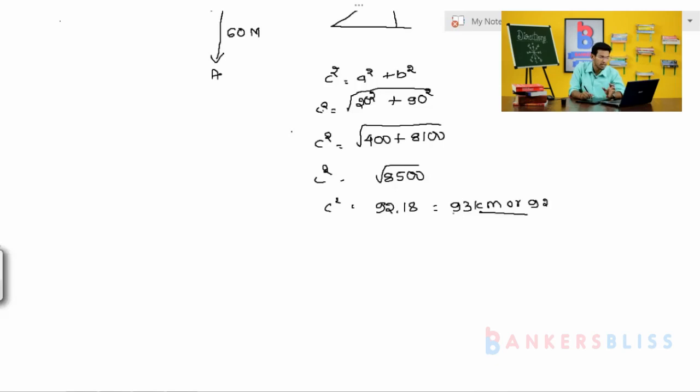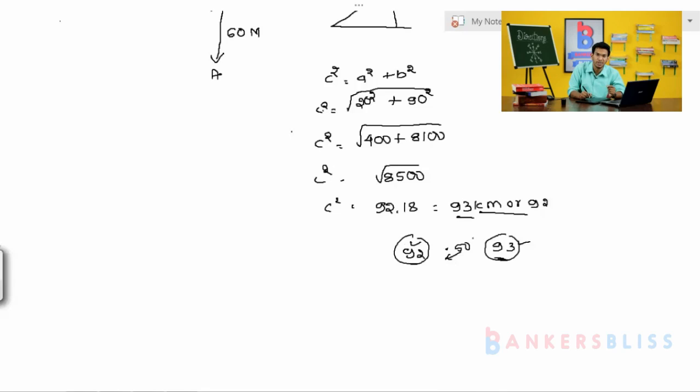Normally if the decimal is less than 0.5 we go with 92, and if it is more than 0.5 we go with 93. Suppose the question has 93, you go with 93. Suppose it has 92, you mark 92.